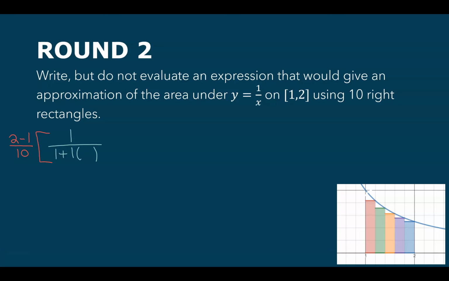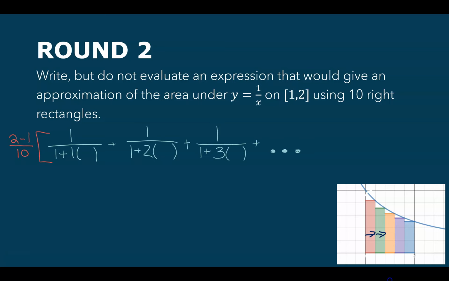And that means we're finding the height of the first rectangle. We're still doing 1 over x, because we're still using that function. We're finding the height of the first rectangle 1 width away from the left-hand endpoint. And we're finding the height of the second rectangle 2 widths away from the left-hand endpoint. It really doesn't matter that my picture has 5 rectangles.